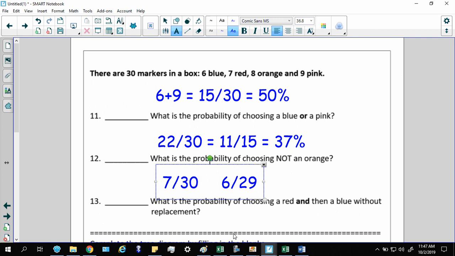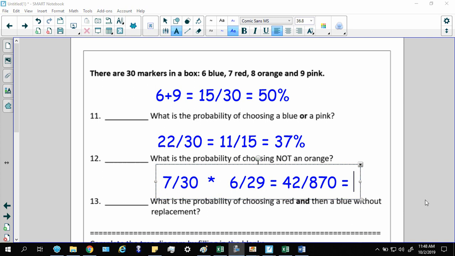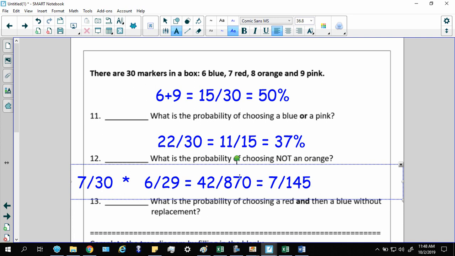I'm going to multiply these two fractions together, because that's what I do for multiple events. When I do that, I get 42 out of 870, which reduces to 7 over 145. If we convert that to a percentage, it would be rounded 5%.